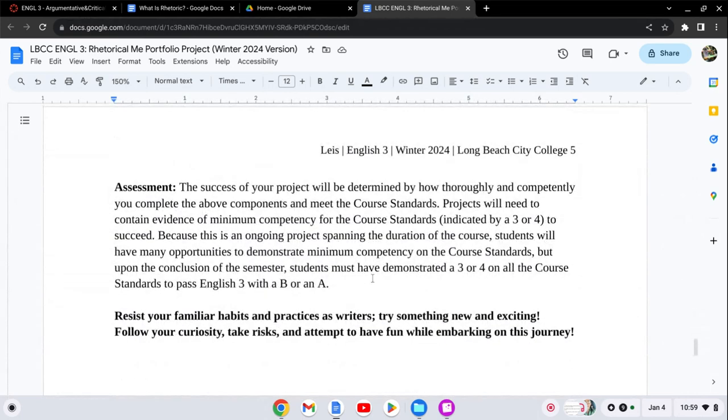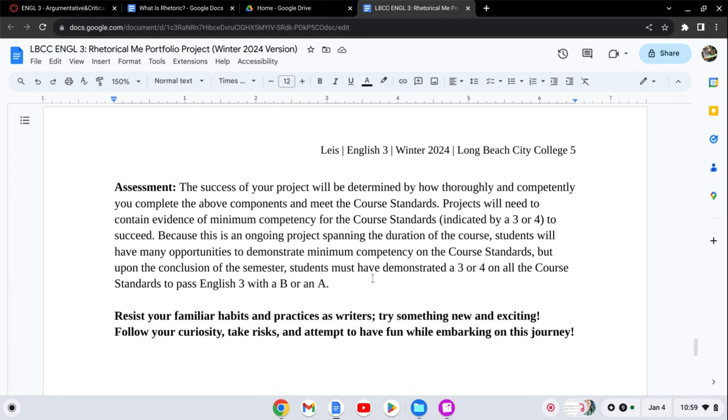Assessment. The success of your project will be determined by how thoroughly and competently you complete the above components and meet the course standards. Projects will need to contain evidence of minimum competency for the course standards, which is indicated by a 3 or 4, to succeed. Because this is an ongoing project spanning the duration of the course, students will have many opportunities to demonstrate minimum competency on the course standards.